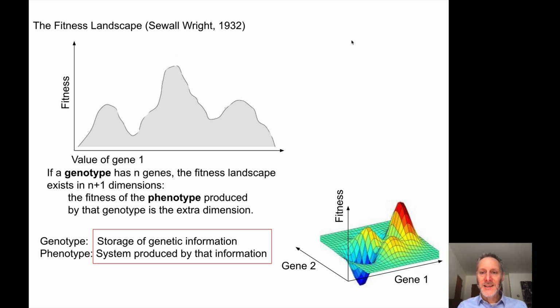Braitenberg Vehicle 1 had a temperature sensor on its front and a single wheel at the back, and its temperature sensor was connected to its motorized wheel with a single synapse. So we have a one sensor neuron, one motor neuron, one synapse neural network controller for Braitenberg Vehicle 1.